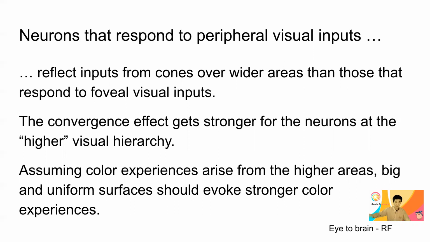In fact, because the blue sky in the periphery, as long as it's big and uniform, the peripheral retinal ganglion cells can collect all this uniformly blue information and project it to the cortex, and then you can experience this nice and vivid blue color.